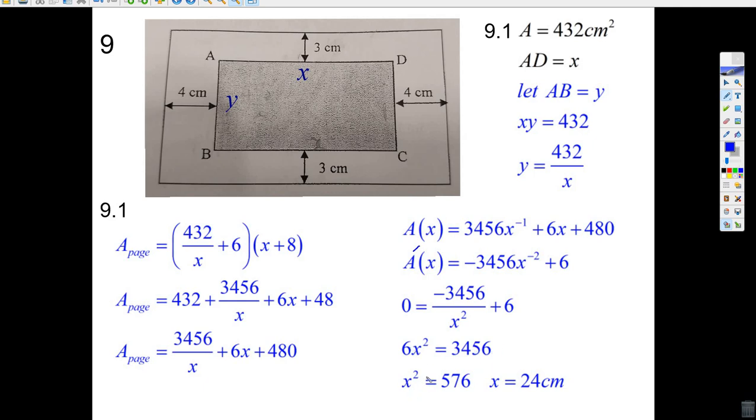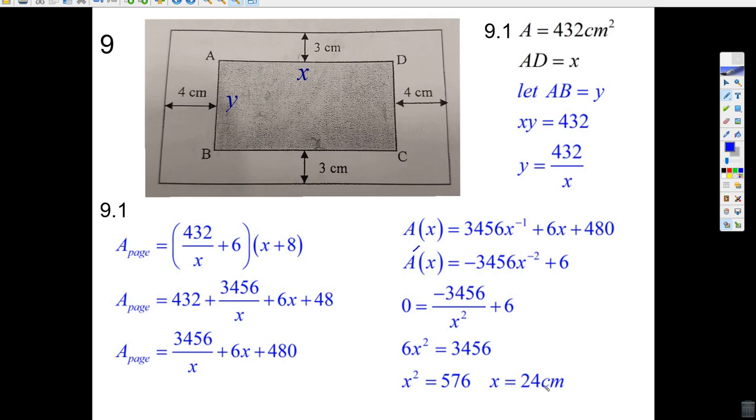Then divide by 6, we get X squared equals 576. Take the square root of both sides, and oh, they made it come out to a nice even number. X must be 24. It says determine the value of X, so we did it. X is 24 centimeters.